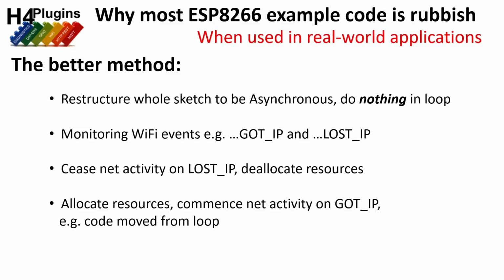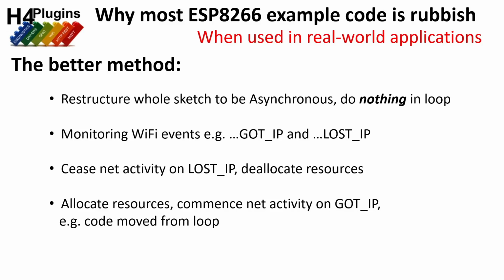When you get the got IP, oh, let's do it backwards. When you lose the IP, you've got to stop doing things that are connected to the net, because they're not going to work. So why bother? And if they're not going to work, and they're using resources, then you need to deallocate those resources.